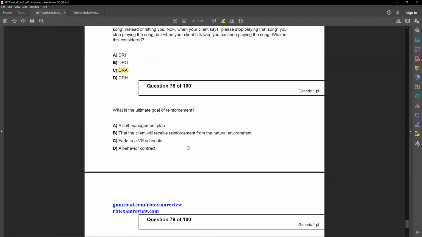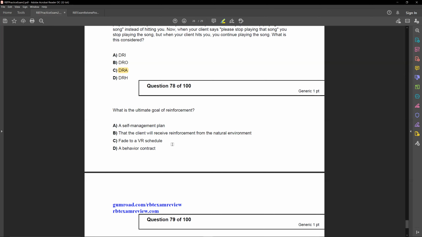Behavior contract is a good way to maintain and generalize behavior, okay, and start accessing other reinforcement. But behavior contracts aren't the ultimate goal because they're not always necessary. Same as a self-management plan. Self-management is great. It's a great tool to have, okay, but it's not the ultimate goal, right? It's a tool, but it's not what we're trying to necessarily achieve.